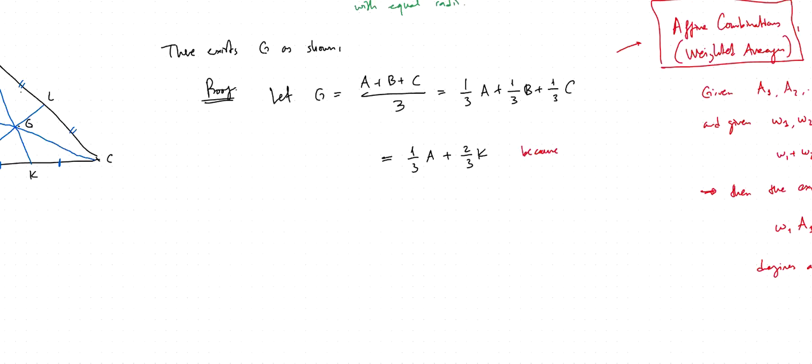This k is (b + c)/2. So this means G is on the line AK, with, since there is more weight of K, it is closer to K. And the weight of k is twice, so it means this length is twice this length.